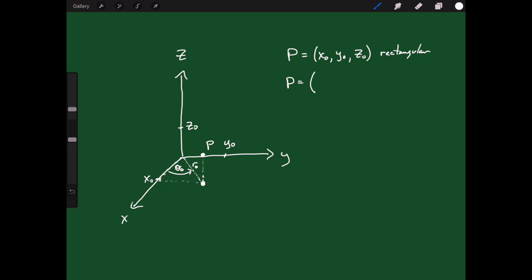In other words, if I project P straight down at 90 degrees to the xy plane, then what is its polar coordinate? Well, it would be r sub 0, theta sub 0. And then if I know the point that's directly under it, I just have to go up to my point P. How high do I have to go? Well, I have to go z sub 0 up.